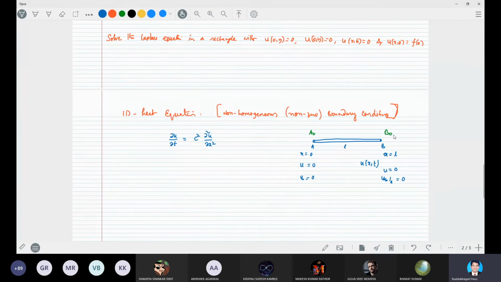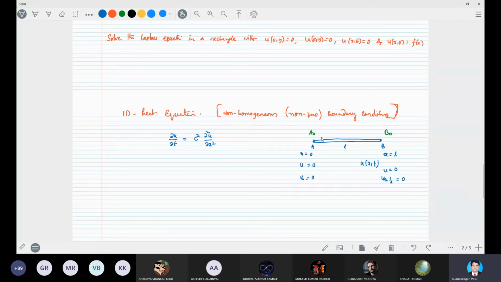These are the non-homogeneous conditions. Earlier there were 0, 0, right? Now they are not 0, 0.